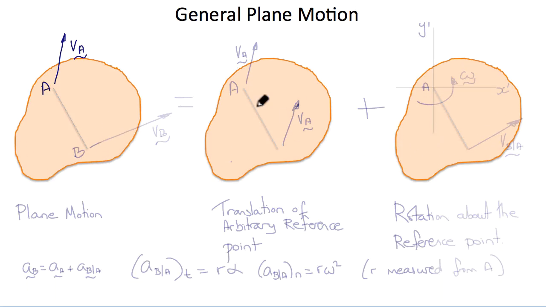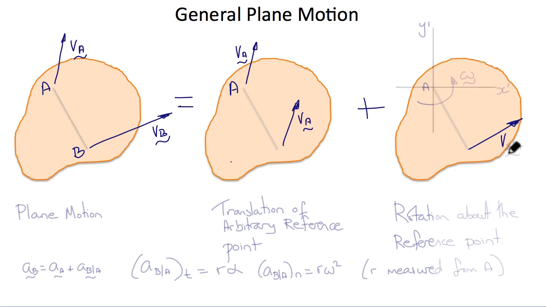So considering this a little bit further, if A has velocity V_A and B has velocity V_B, that can be decomposed into the sum of the translation where A and B both translate with a velocity of V_A, plus a rotation of B about A with an angular velocity omega.